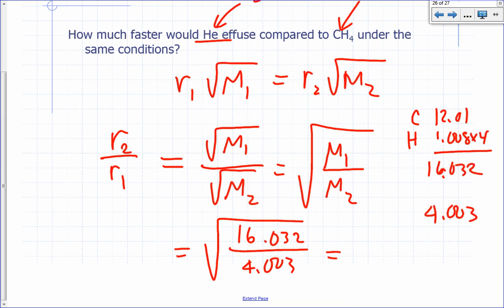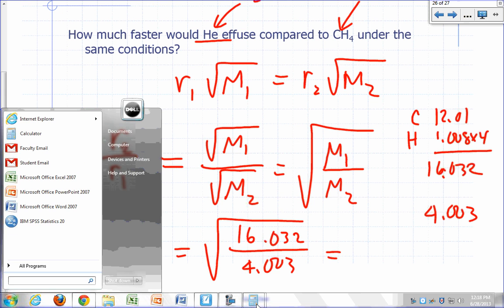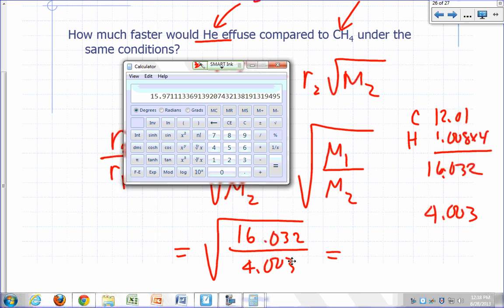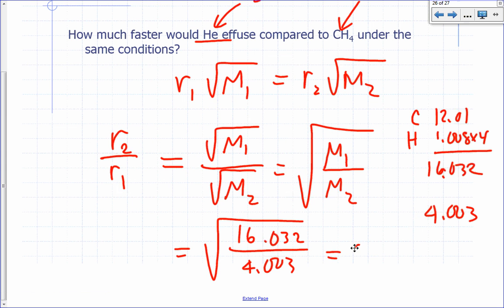So that gives you 16.032 divided by 4.003, you take the square root, so raised to the power of 0.5, that gives you 2.00. That means helium will effuse at a rate that's 2 times faster than CH4. As expected, helium is lighter than CH4. Under the same conditions, it will effuse faster.